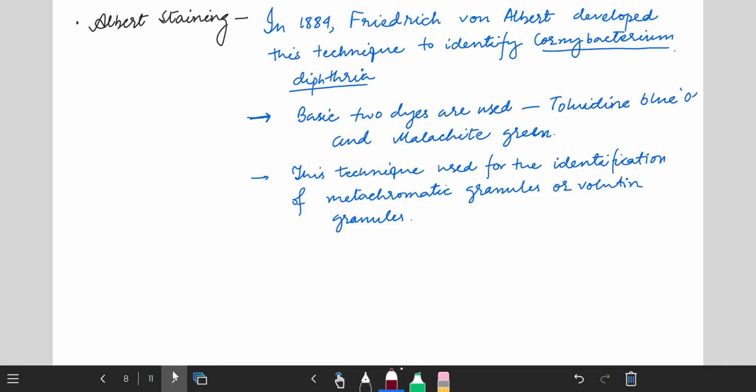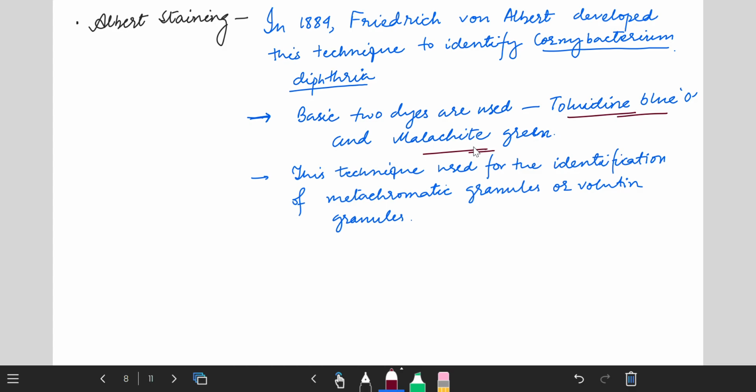Now the next stain, which is a kind of differential staining, is Albert staining. The Albert name comes from Friedrich Albert, who developed this technique to identify Corynebacterium diphtheriae. In this technique, two types of basic dyes are used: toluidine blue and malachite green.